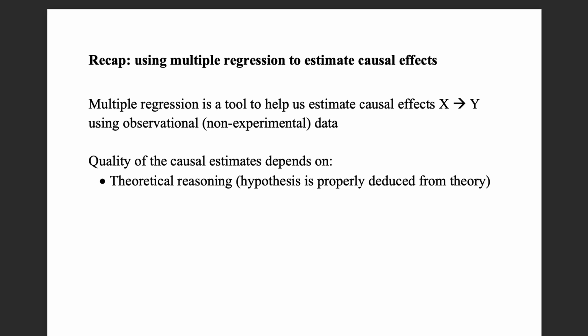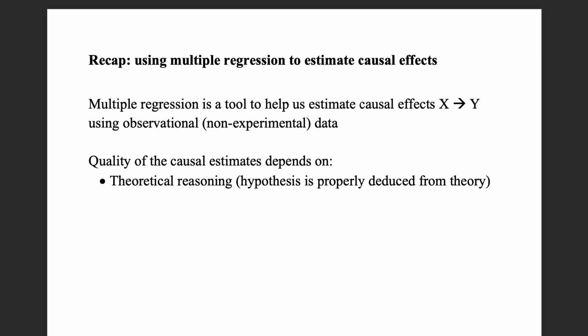We saw that the quality of our causal estimates depends on a couple of things. And one thing that I just want to repeat, because you may forget if you're way down in the depths of statistics, is that ultimately the first thing it depends on is your theoretical reasoning. So the hypothesis that you're testing, if that is based on some kind of causal story, did you properly deduce that hypothesis from the underlying theory?